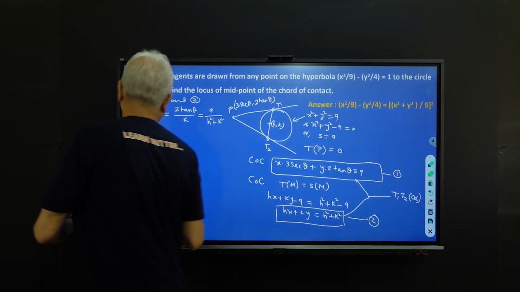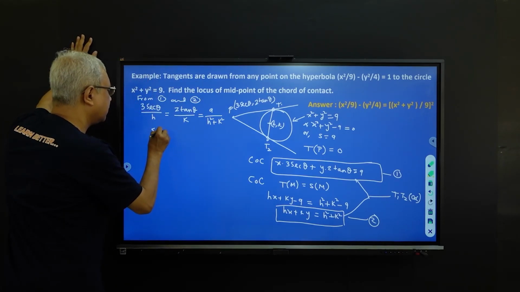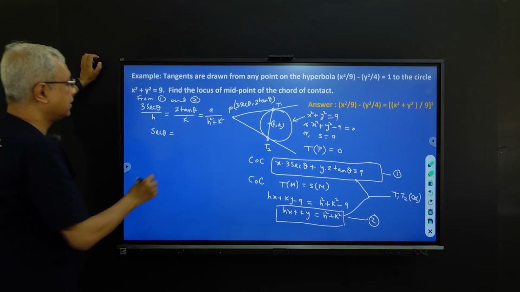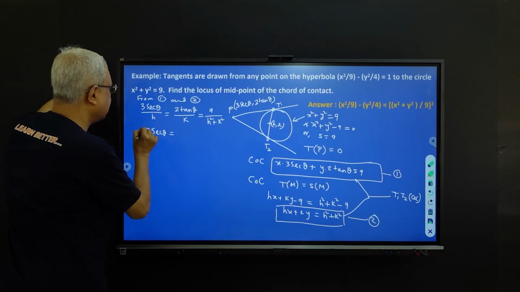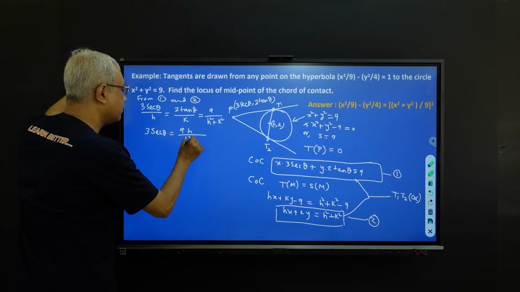So what is sec theta? 3 sec theta is equal to 9h by h square plus k square.